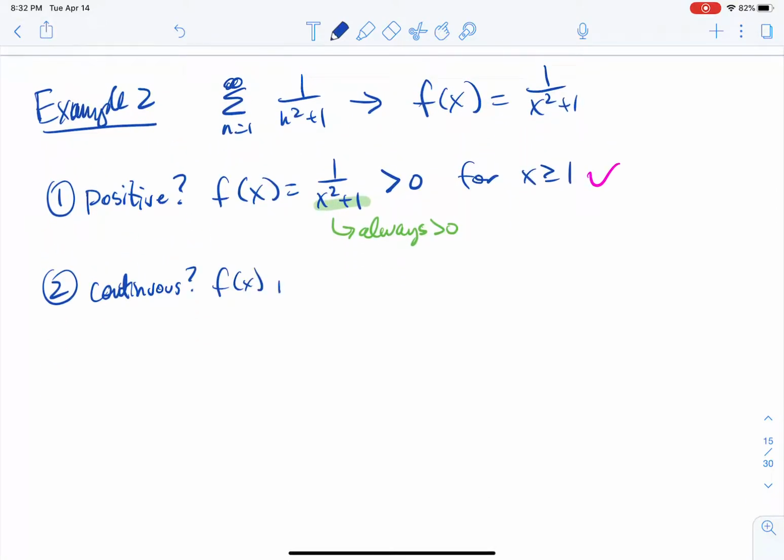Okay, so f of x is a rational function, which is continuous on its domain.